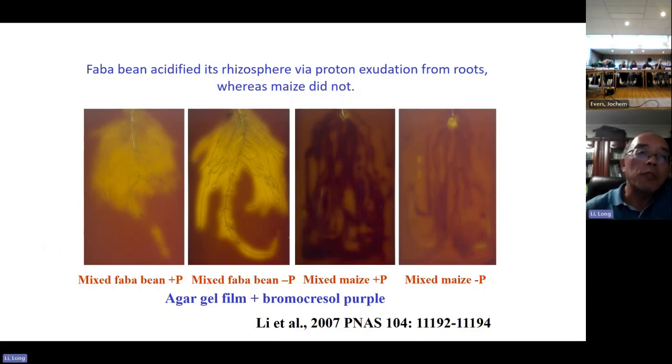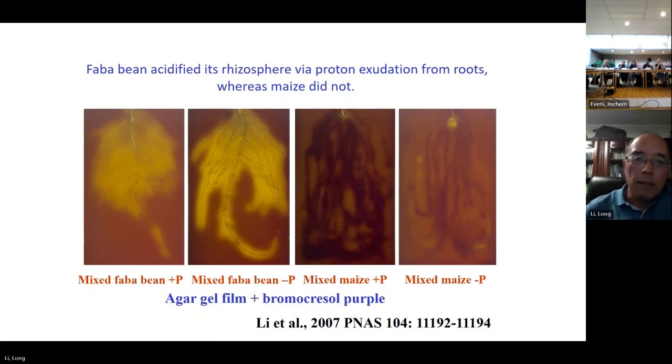We used a greenhouse experiment. We used an agar-gel film plus pH indicator technique to determine the rhizosphere acidification of the different species. We found that faba bean acidifies its rhizosphere while protons are exuded from roots, whereas maize did not.